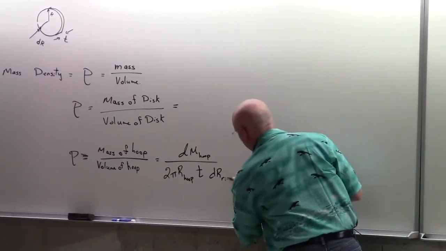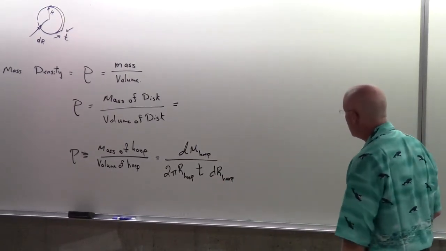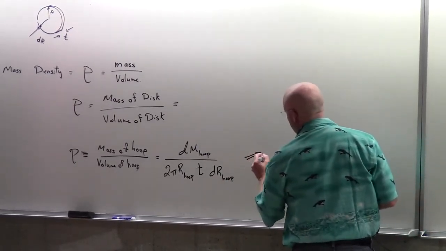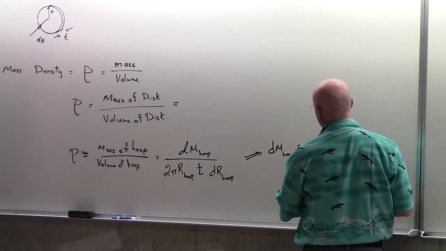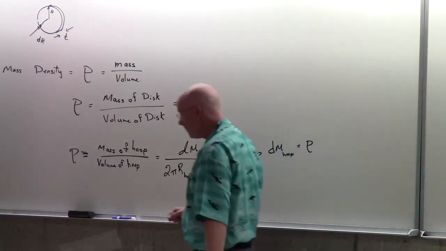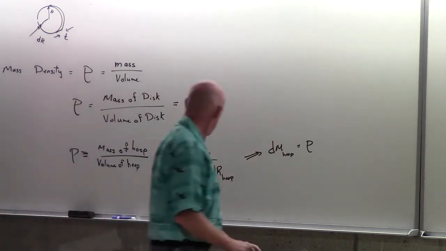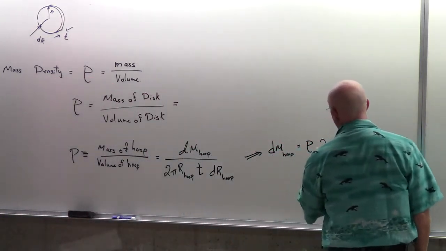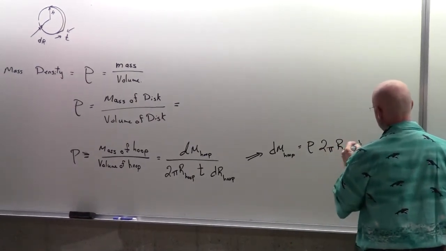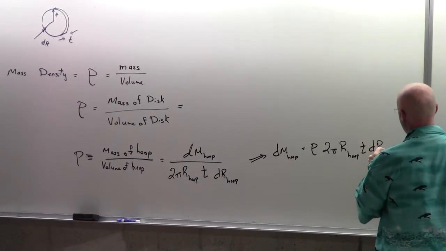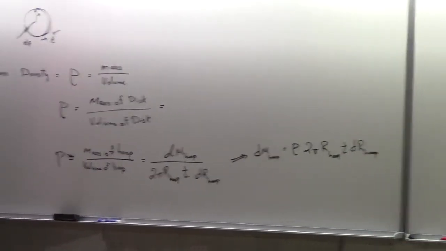Whoops, I've been using the word hoop. Let me put hoop. So what that really means then is dm, the mass of a hoop, is the density times all that factor. And so there's my 2 pi, there's my r of my hoop, there's my thickness, there's the dr of my hoop. And that's exactly what I was looking for when I asked this question. Aren't these two related?